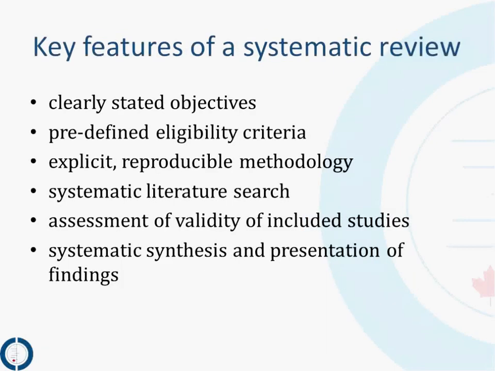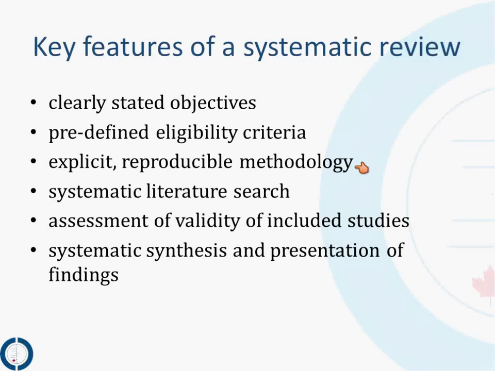There are key features that should go into any systematic review, whether they're a Cochrane review or not. First, a review should have clearly stated objectives, specifying the question to be answered and determining what evidence will be sought. The objectives should determine clear eligibility criteria so that all the relevant evidence is identified and clear objective decisions can be made about which studies are included or excluded from the review.